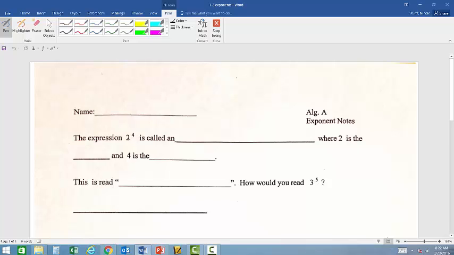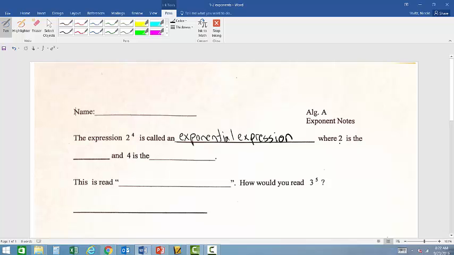So when I see the expression, this 2 with a 4 above it, we call that an exponential expression. Big word there, but we do call that an exponential expression because it has an exponent in it.